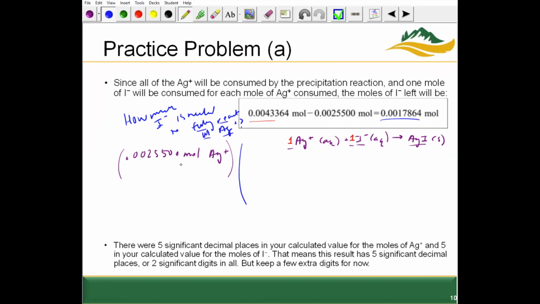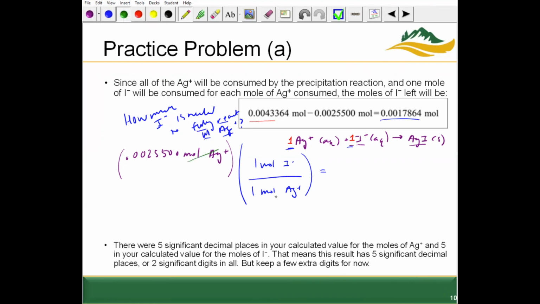So here there's this many moles of Ag plus. For every 1 mole of Ag plus, there is 1 mole of I minus. This is a simpler one because these are 1-to-1 mole ratios, but I'm showing you how you should approach this either way, just in case these end up being non-1-to-1 mole ratios.